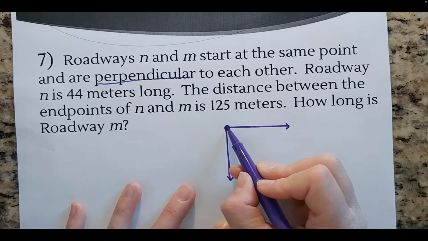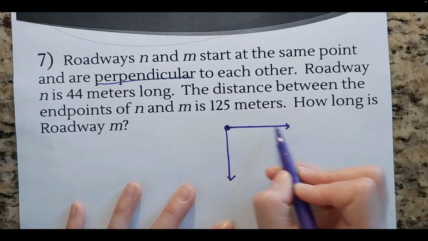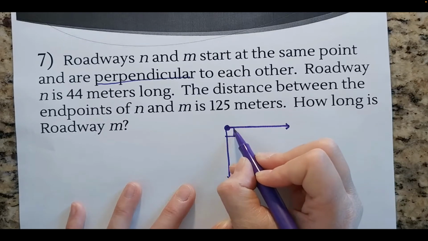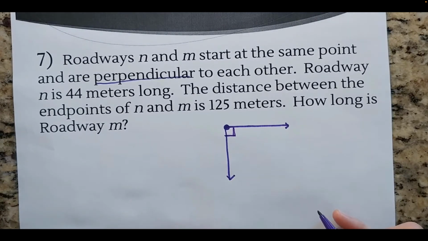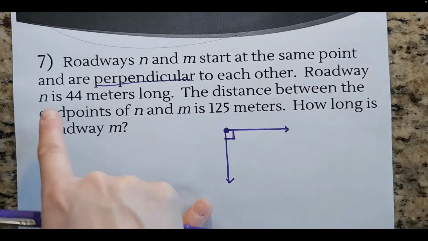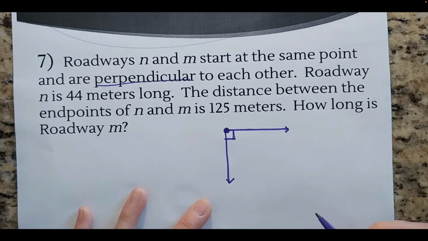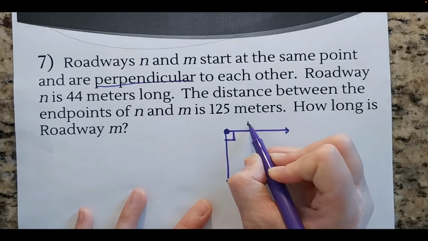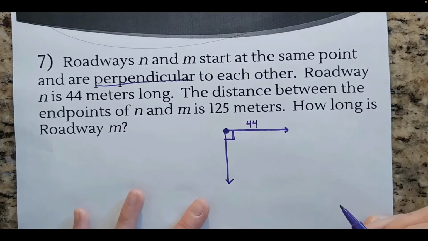Do you see how they start at the same point, but they are perpendicular to each other because of this 90-degree angle right here? So roadway N is 44 meters long. So let's just put that right here, 44 meters long.